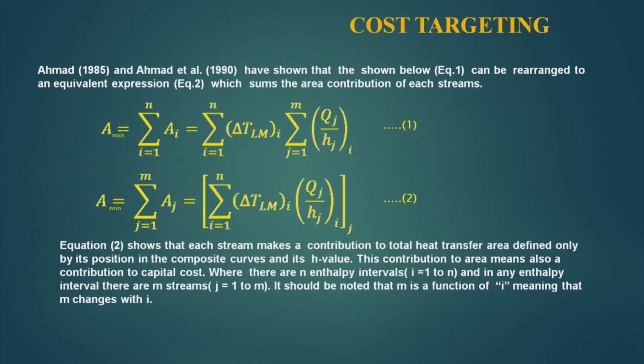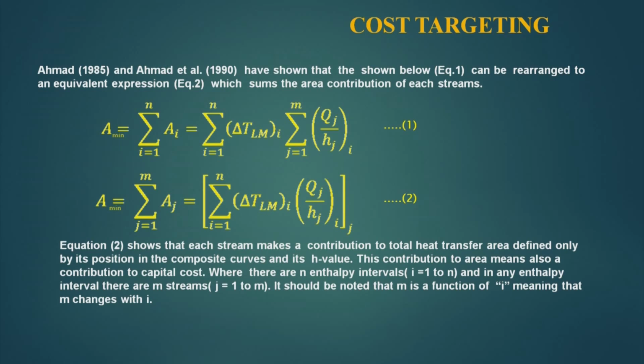This contribution to area means also a contribution to capital cost, where there are n enthalpy intervals, i equal to 1 to n, and in any enthalpy interval there are m streams, where j is equal to 1 to m.